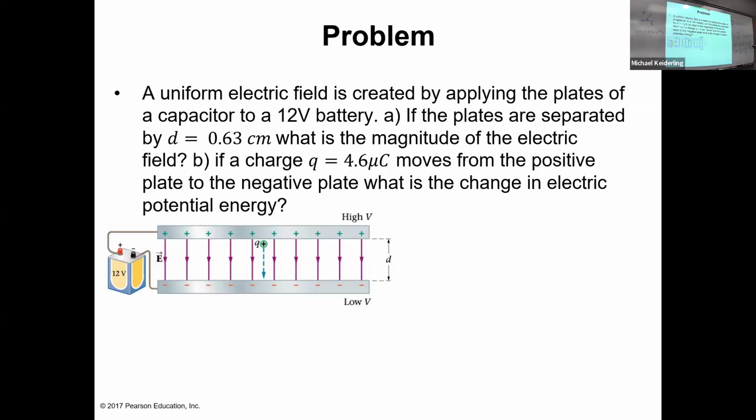And if a charge of 0.46 microcoulombs moves from the positive plate to the negative plate, what is the change in electric potential energy? The positive plate will have a high voltage, the negative plate will have a low voltage.